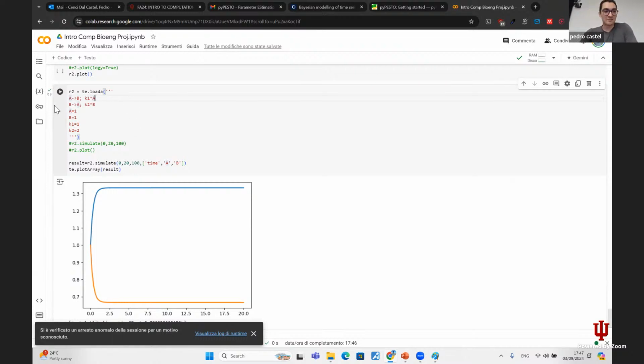He did A goes to nothing at a rate k1 times A, and B goes to nothing at a rate k2 times A. So if you erase this, which is what you had before, you basically are losing A independently of B and losing B independently of A. Actually, I meant A will generate B at the speed of.